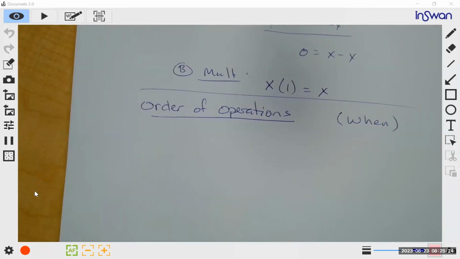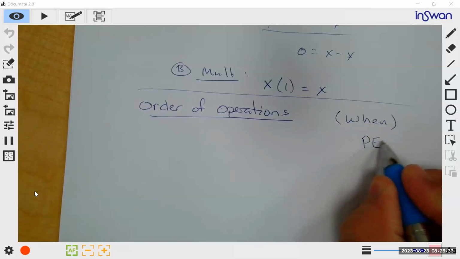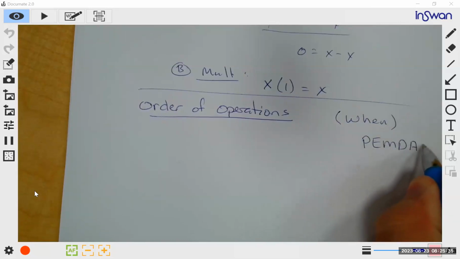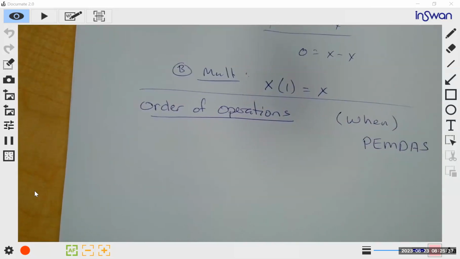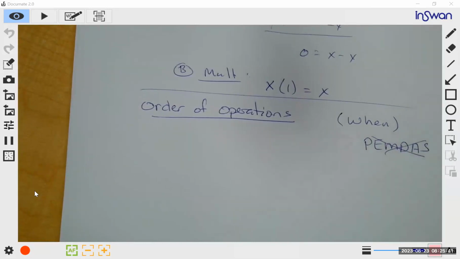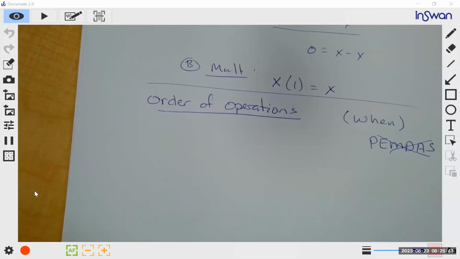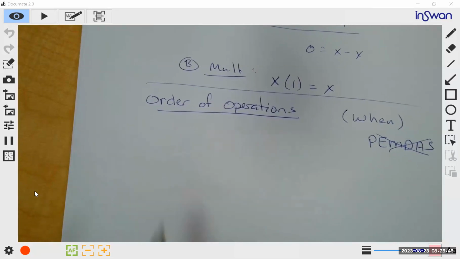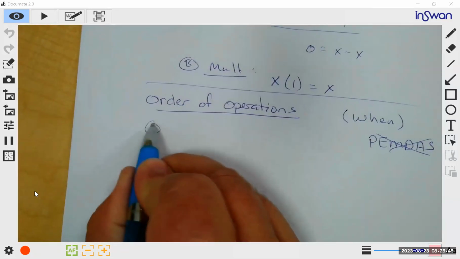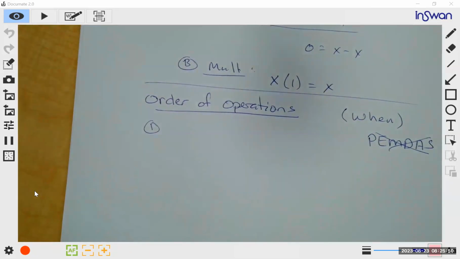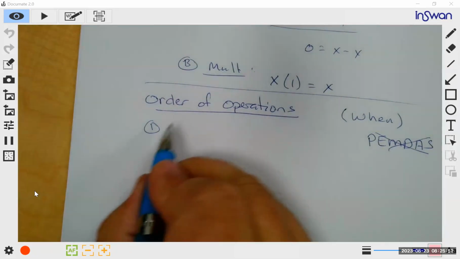I know most of you, if not all of you, memorized this mnemonic called PEMDAS. If you didn't, good. In my classes, this is never brought up, never discussed, because it's very limiting. In order of operations, we go from the most complicated to the most simple.